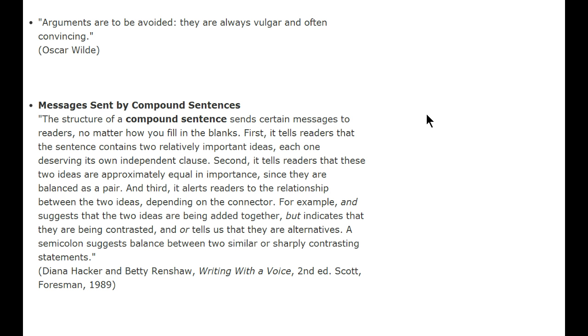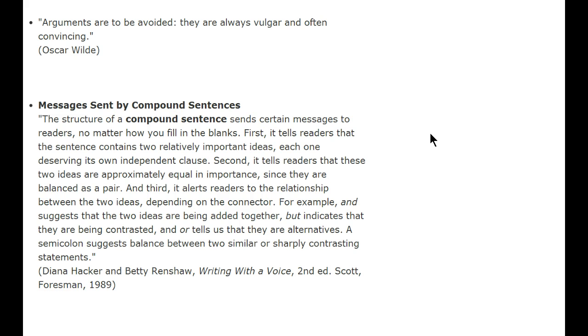Second, it tells readers that these two ideas are approximately equal in importance, since they are balanced as a pair. I talked about the balance. It has to be referring to the same thing, so it's not way off somewhere and doesn't make any sense. It has to be balanced.